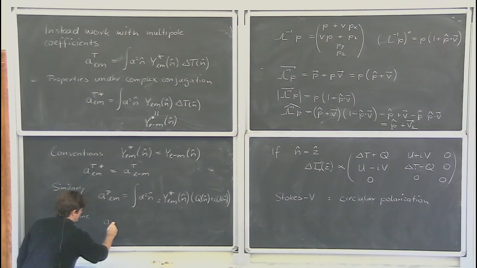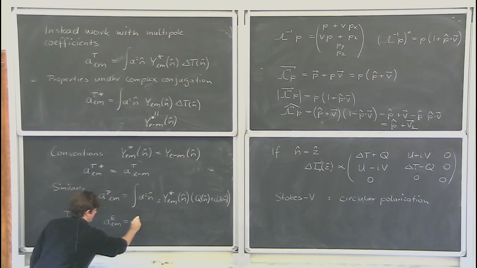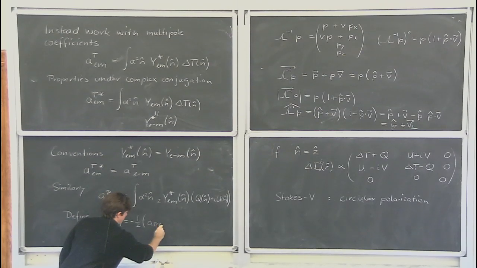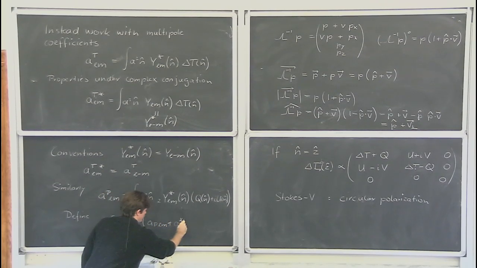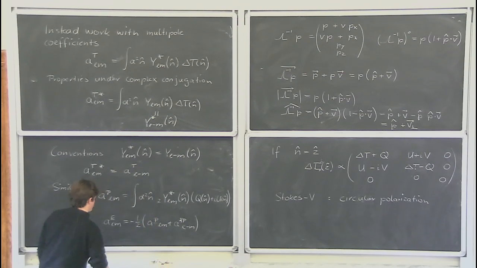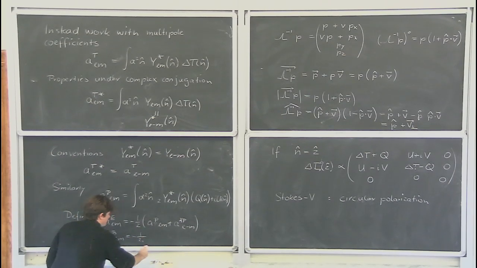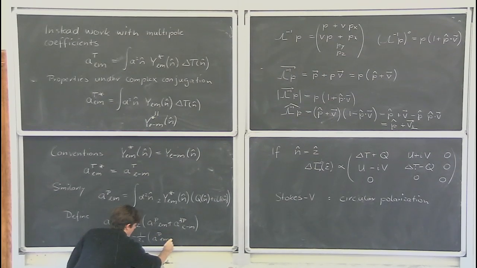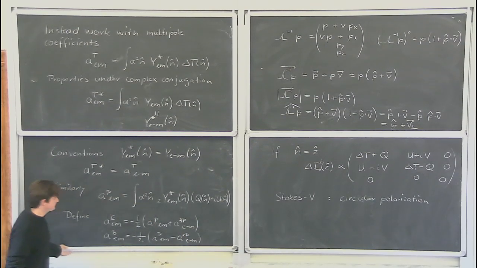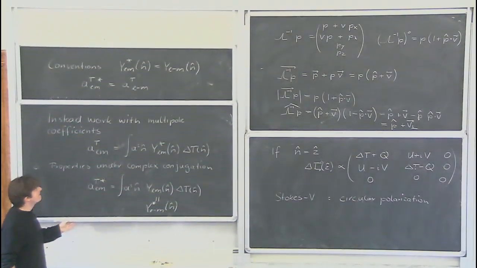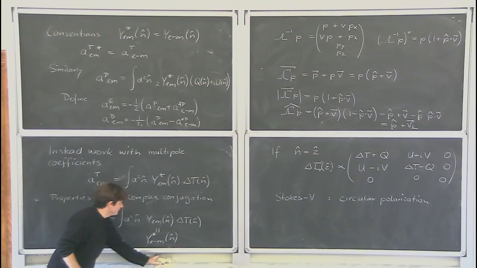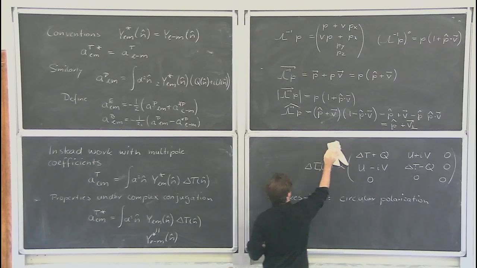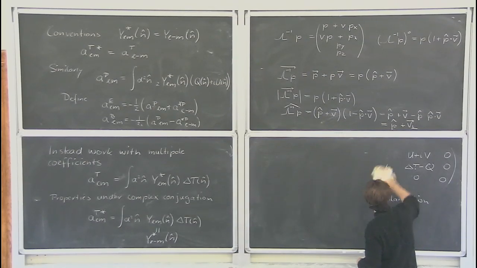So you define something like a real and imaginary part of this thing: A_E_LM is minus 1/2 of A_P_LM plus A star P_L minus M. And then similarly, you can define A_B_LM, which is equal to minus 1 over 2i times A_P_LM minus A star P_L minus M. And this definition is also convenient because they have nice transformation properties under parity. That's one of the reasons to really introduce them.